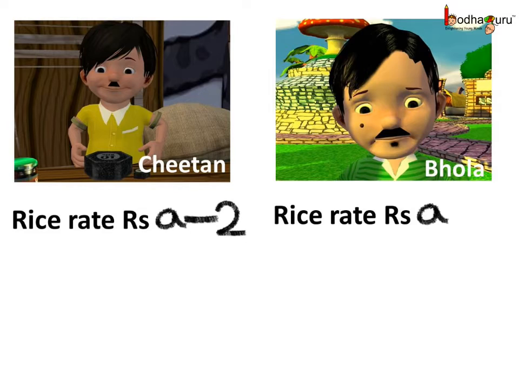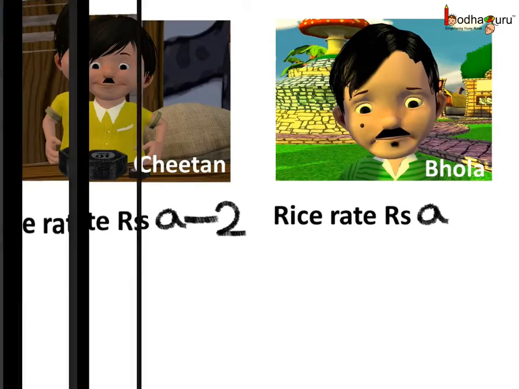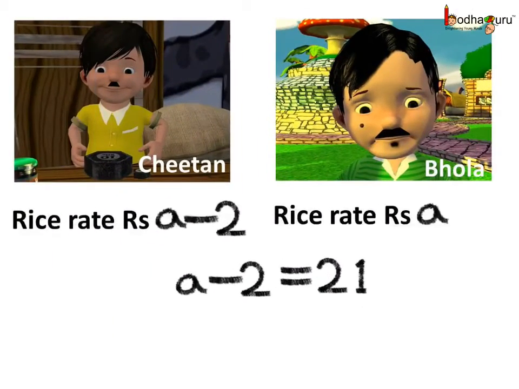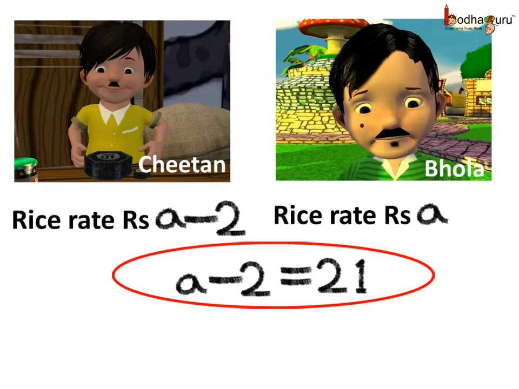Say it is rupees A per kg. And the rate of the rice at Chetan's shop is rupees 2 lower than the Bhola shop. So it becomes A minus 2. Thus, A minus 2 is equal to 21.